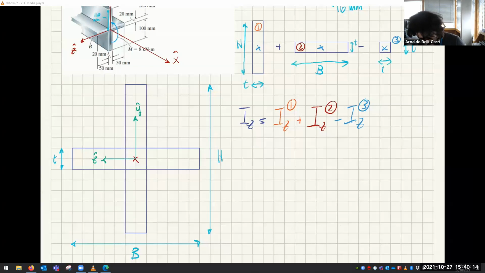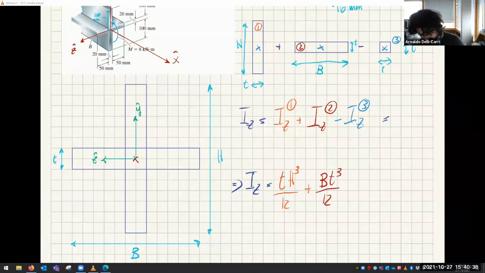So this is equal to Iz for the entire section equals B H cubed, so T capital H cubed divided by 12, plus B H cubed divided by 12, minus, of course, B and H here are the same.